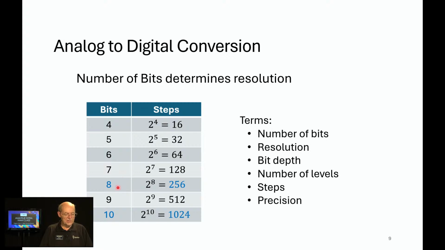But there will be a question that says how many states can be represented with a bit depth, or one of these words, I don't remember which one it was, of 8. 2 to the 8th is 256. It's another one that's a very confusing looking question, but when we talk through it, I'm pretty sure you'll get it, using 10 bits, which will allow us to resolve 1,024 steps in total.